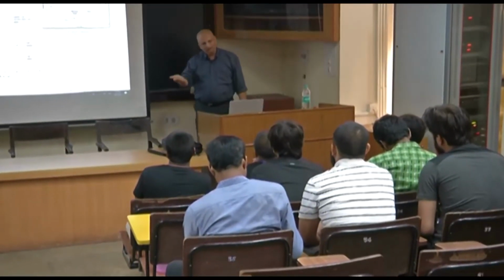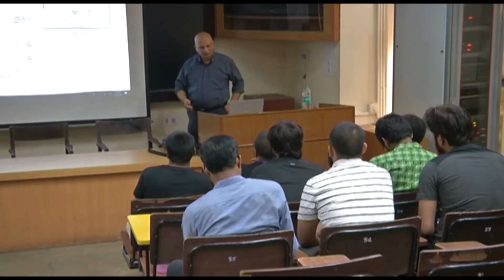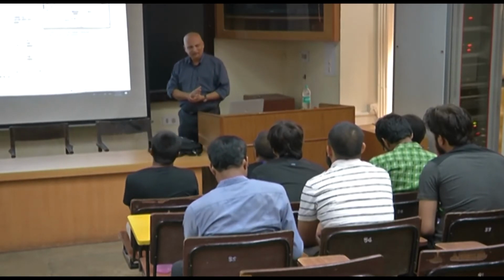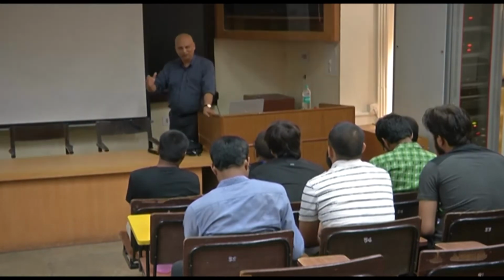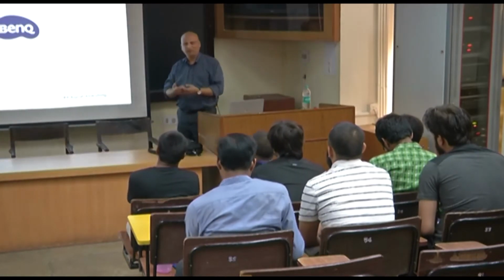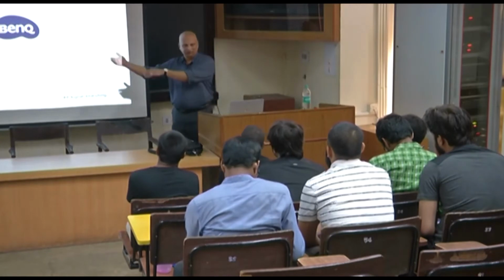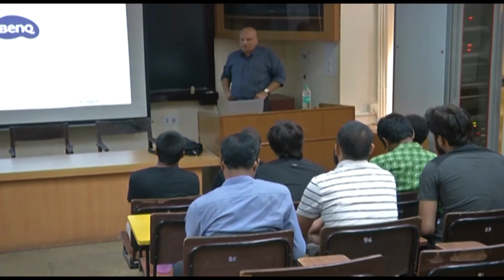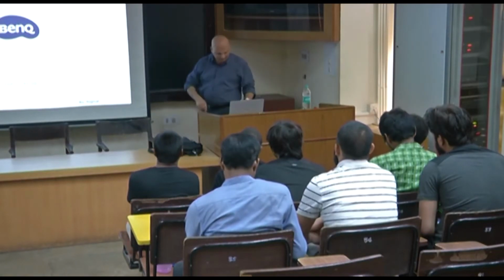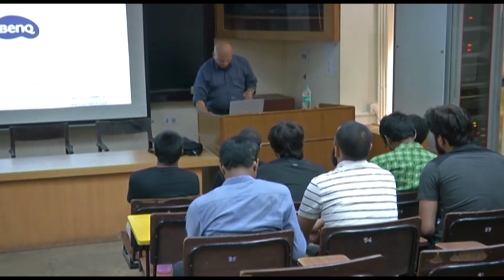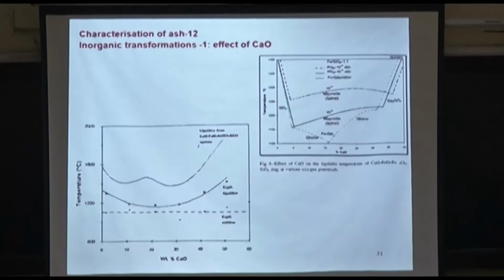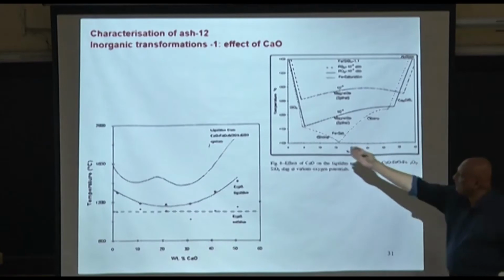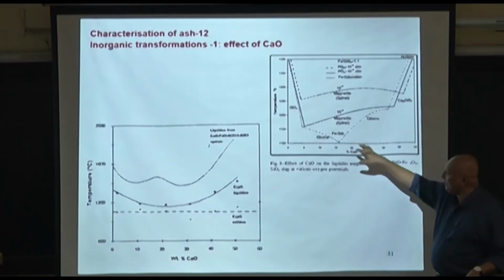You can then put it into the software and ask the software to give you the predicted compounds as a function of different temperatures, 1100, 1150, whatever temperatures. So it will give you the names of those compounds. It will give you exactly this kind of figure.